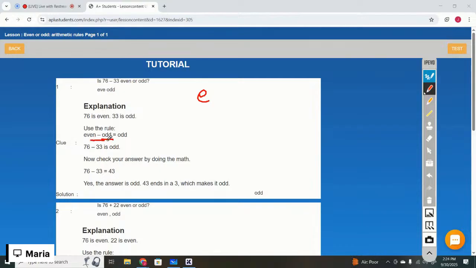So the rule is if you are subtracting an odd number from an even number, the answer is always odd. So 76 minus 33 is odd. You can subtract and check. 76 minus 33 is 43.